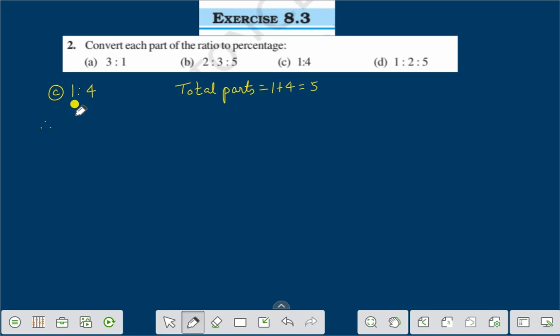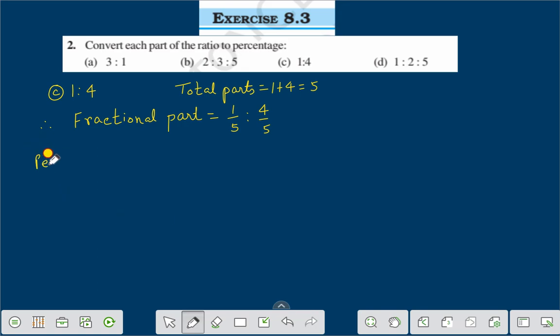Therefore, fractional part is equal to 1 by 5 is to 4 by 5, right? Now we'll find the percentage of parts.